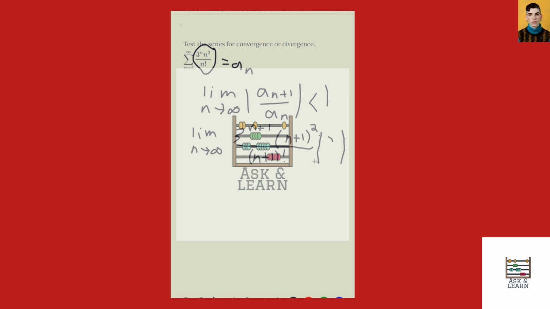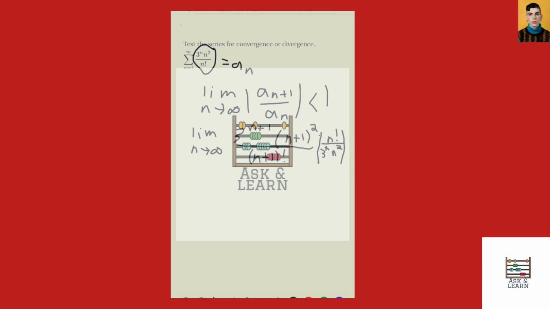So we would have n factorial here, 3^n here, and then n squared here. Whoops, and it's a fraction.